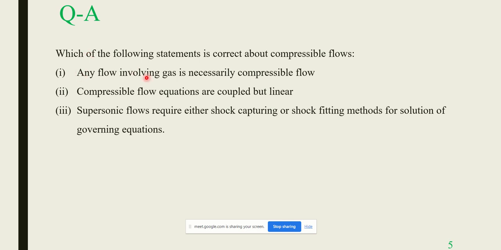Any flow involving gas is necessarily compressible flow. In general, all gases are said to be compressible fluids. But in CFD, when we talk about it, we generally treat compressibility as a property of the flow rather than a property of the fluid. So this statement is false.